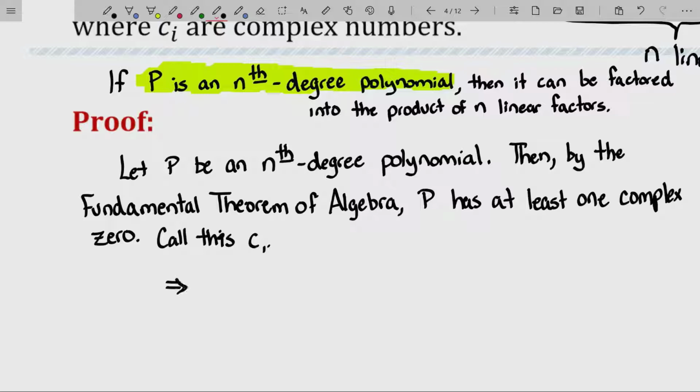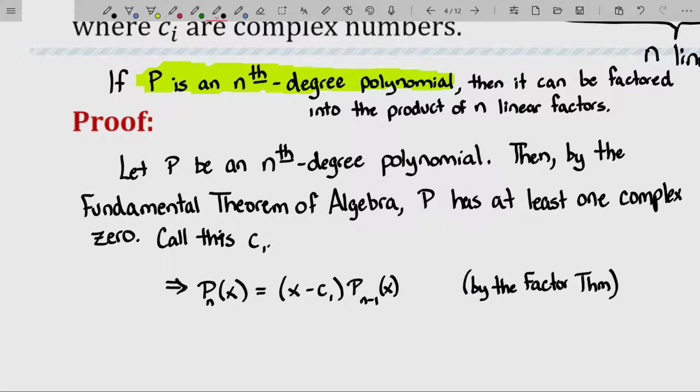Well, that will imply, by the factor theorem, that P of x can be factored into x minus c sub 1, because c sub 1 is a zero, times some remaining polynomial which is one degree less. I'm going to call it p sub n minus 1 of x, because this was an nth degree polynomial, and now we have divided out one power of x, so now it's an n minus first degree polynomial. And I write off to the right-hand side that this is true by the factor theorem.